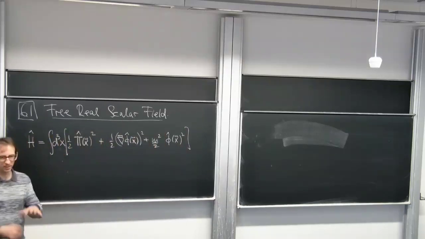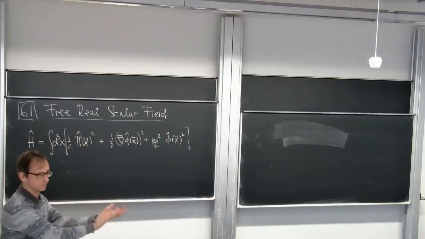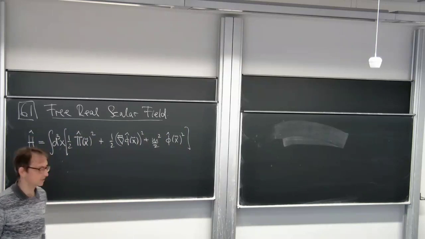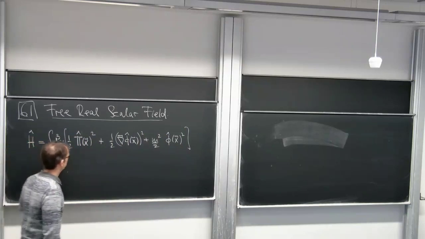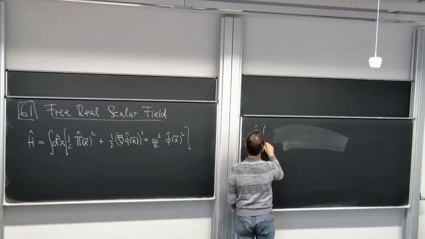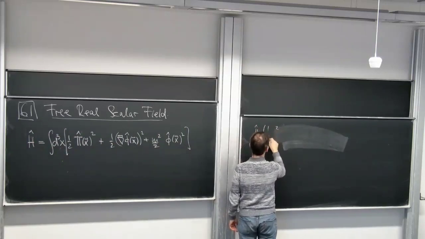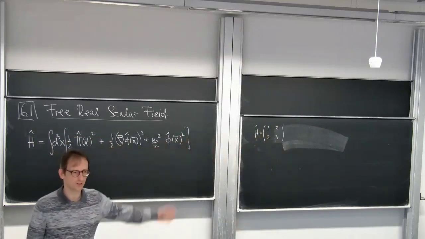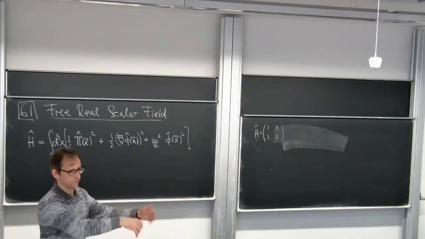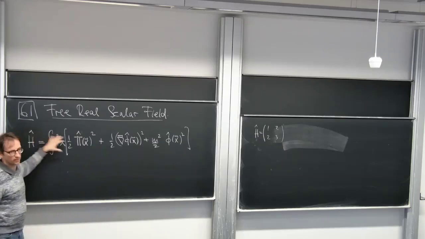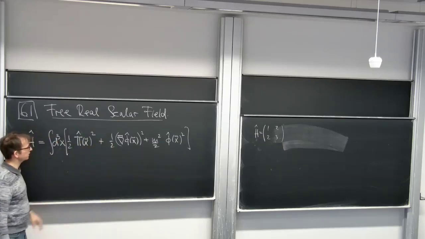So this thing is acting on some vector space, and I'd like to know the eigenvalues and the eigenstates. It's a little bit like I give you H as some matrix and ask you what are the eigenstates and the eigenvalues. We have some operator that acts on some space, find the eigenvalues.